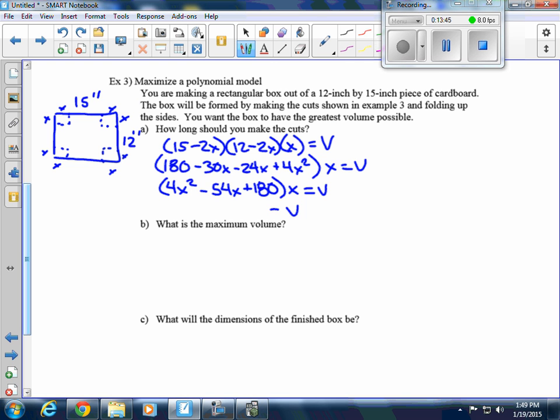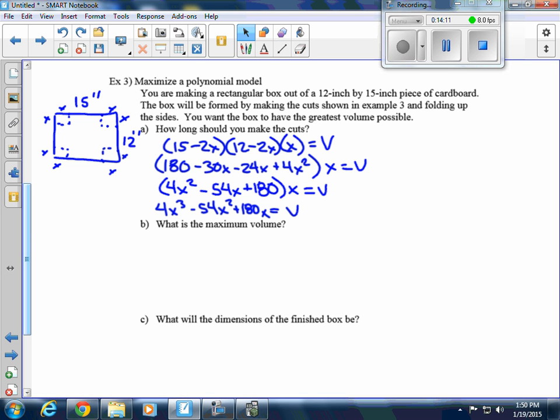And so V is going to be 4x cubed minus 54x squared plus 180x. All right, so there is our equation for the volume of this polynomial function.